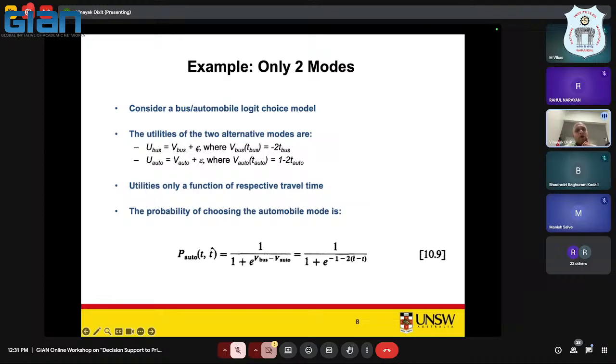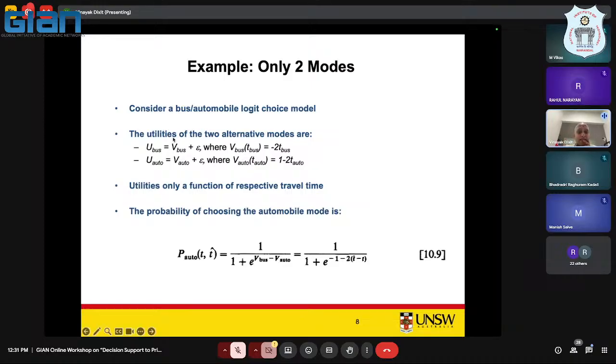If you look at the utility of the bus or utility of auto, there is a random error. Generally we assume that this random error has a Gumbel distribution or a normal. If it is normal, we call it a probit model. If it is Gumbel, it is called a logit model.